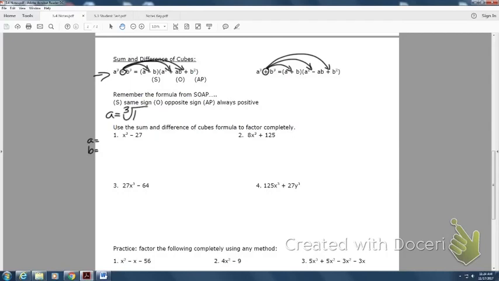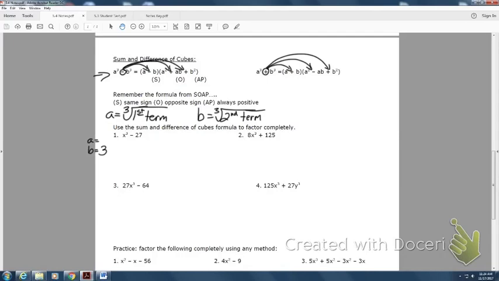On these problems, there will always only be two terms. So the cube root of 27 we said was 3.